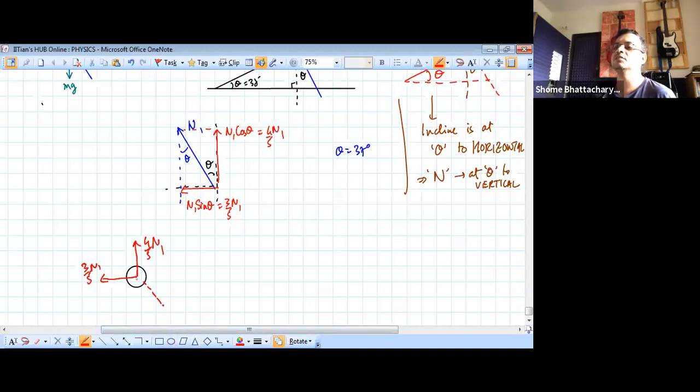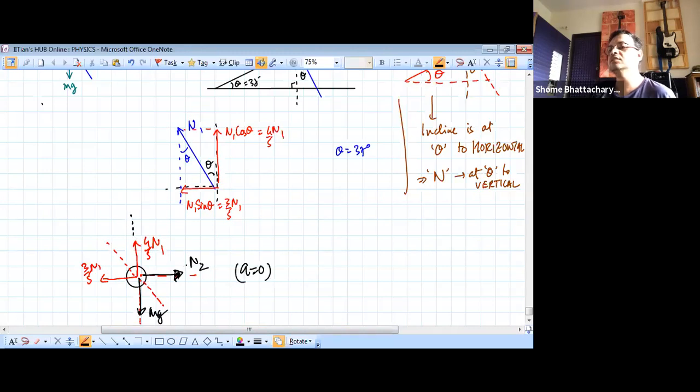Then the wall on the left applies a normal reaction N2 towards the right. And the gravitational pull of the earth pulls it down at mg. And the acceleration of the body is 0.